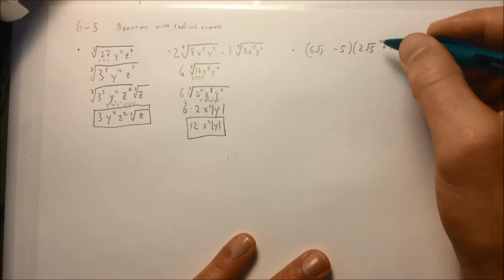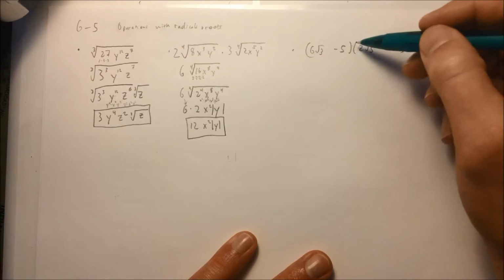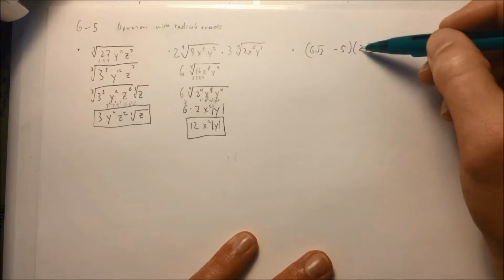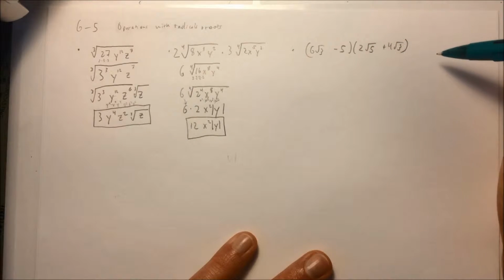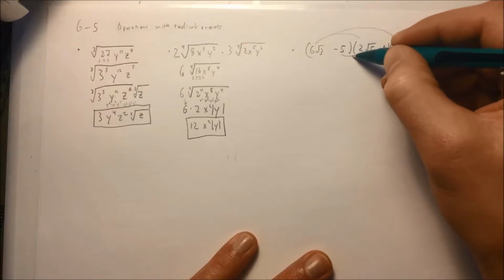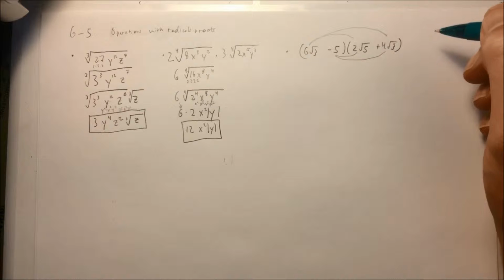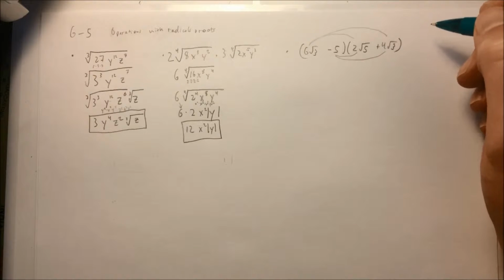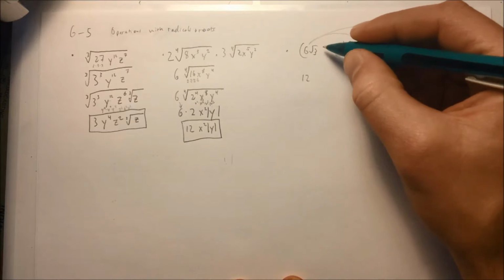The next one right over here. I've got to multiply 6 times the square root of 3 minus 5 times the quantity 2 times the square root of 5 plus 4 times the square root of 3. To do this, FOIL it, distribute just like normal. You probably saw this coming. It's not hard. 6 times 2 is 12.